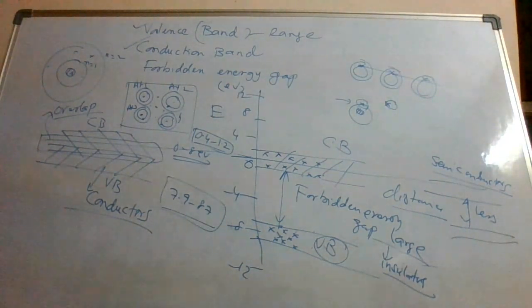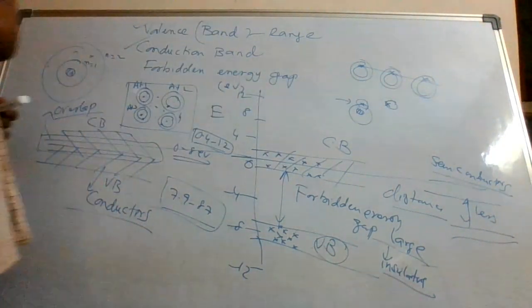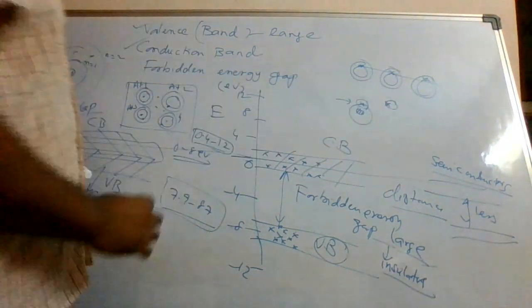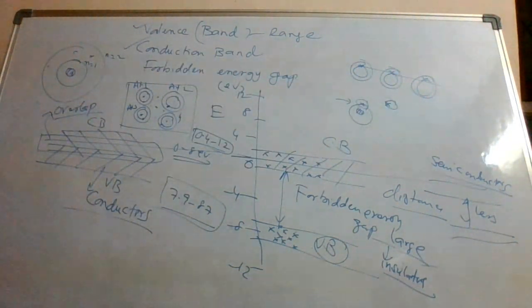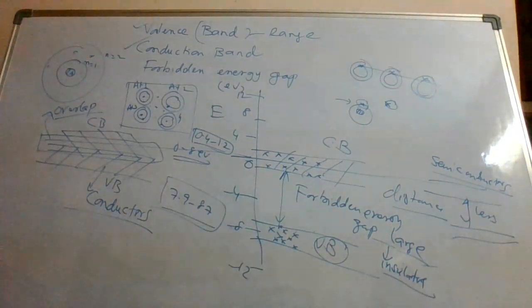Sometimes they behave like conductors. So how do you do that? You heat it, or you put it in an electric field. This electron will be knocked out easily. Most of the electronic equipment you are seeing is made up of semiconductors only. Whereas in the case of insulators, you have to provide a very large amount of energy.